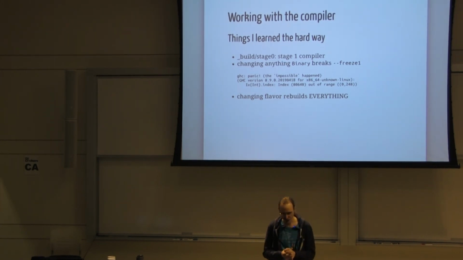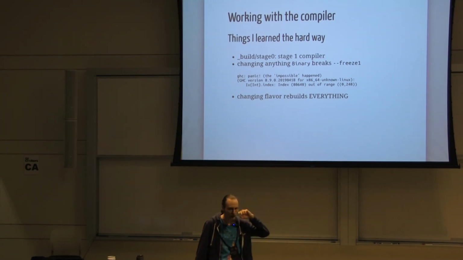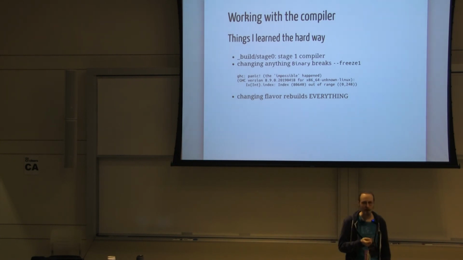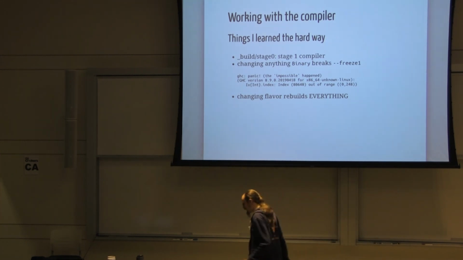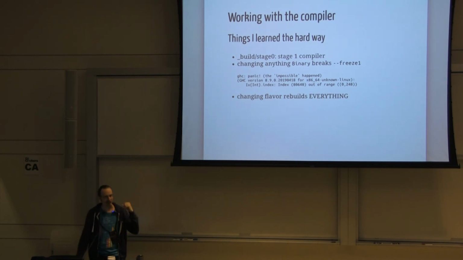Another thing which is more annoying: I had some weird error where GHC just panicked when I compiled it. I asked in the channel, and the answer was basically, yes, if you change any Binary instance and you only do a freeze stage 1 recompilation, it will just panic because the interface files changed.